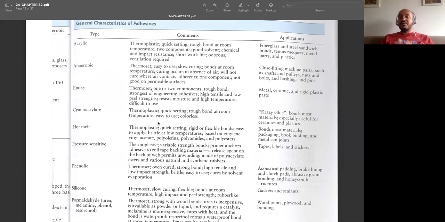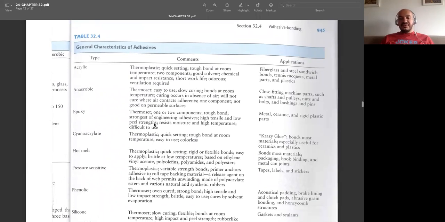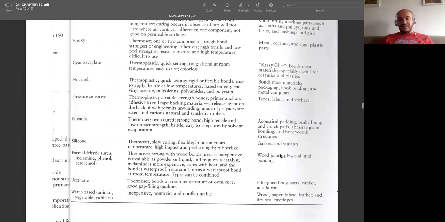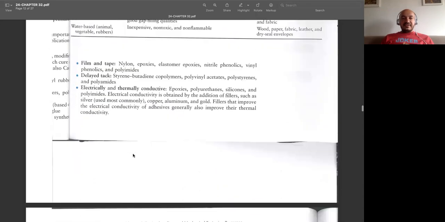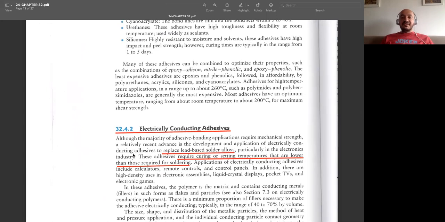One is useful for wood, the other one may not. For instance, we have a nice table here. For metals and ceramics, epoxies are mostly used. For wood, for instance, we use phenolic kinds of things. That is a nice table for making decisions on the right adhesives.